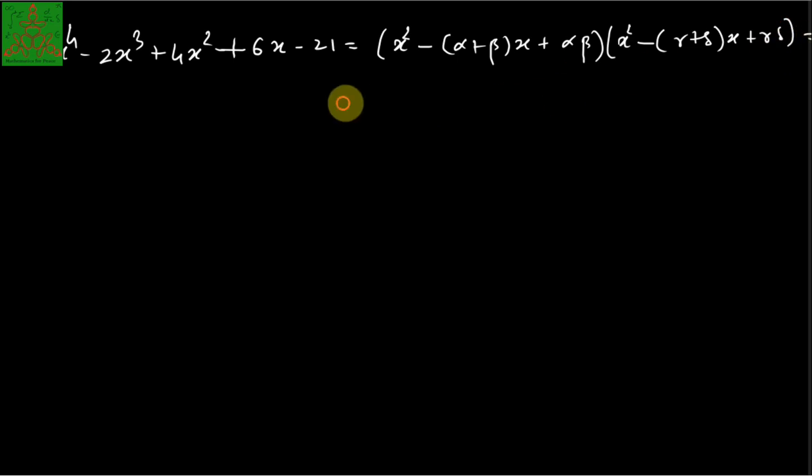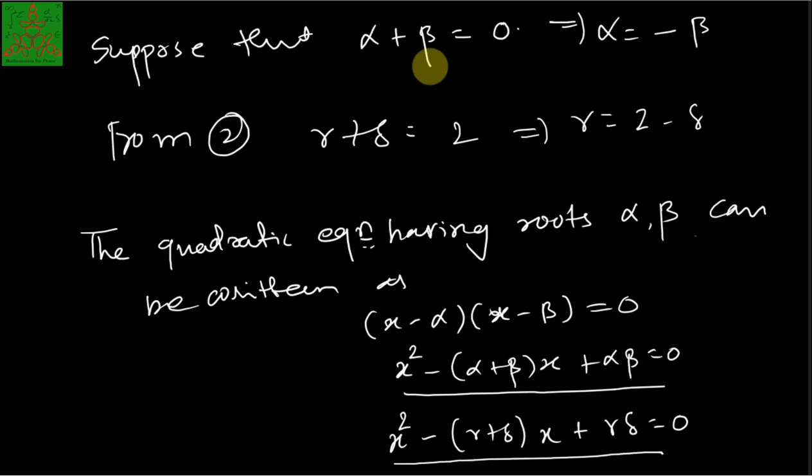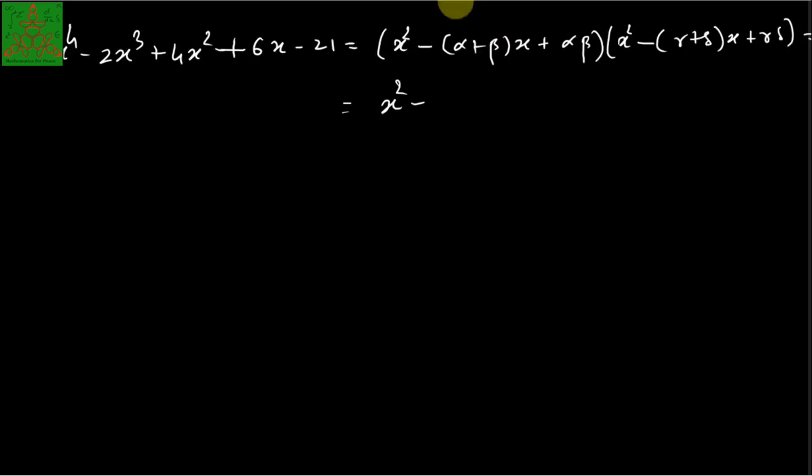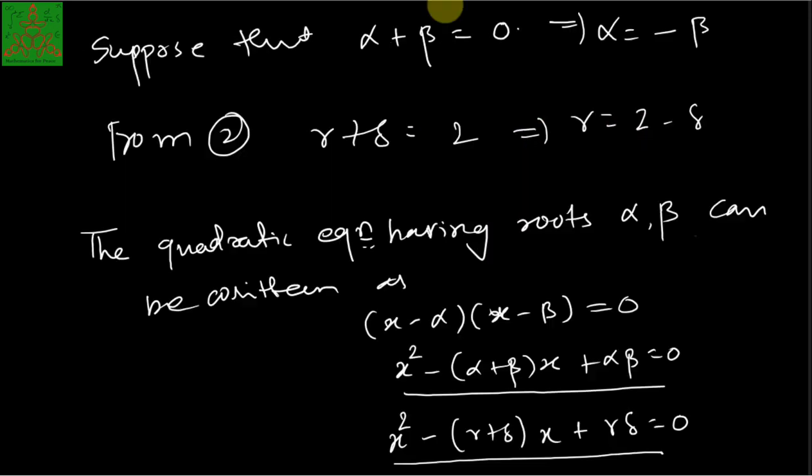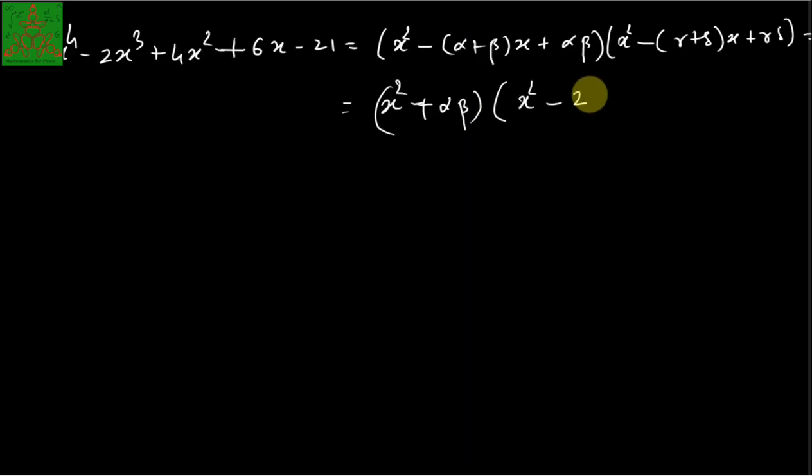But this is the equation where alpha plus beta is already given to us, that is 0. So this is 0x, so it is plus alpha beta, and this will be x square minus 2x plus gamma delta, because gamma plus delta is 2, that we have concluded, equal to 0.